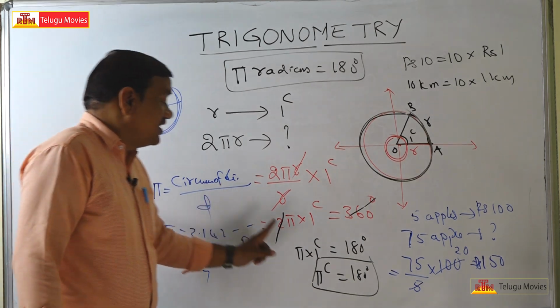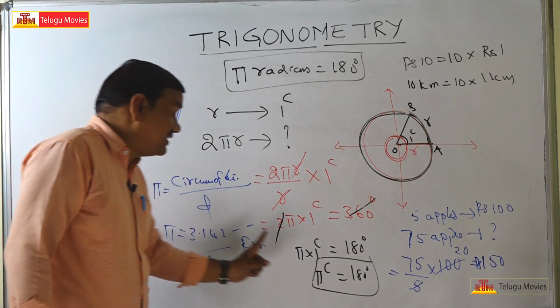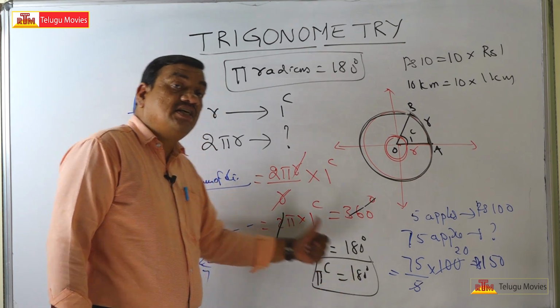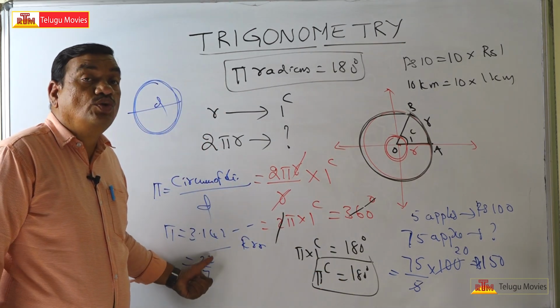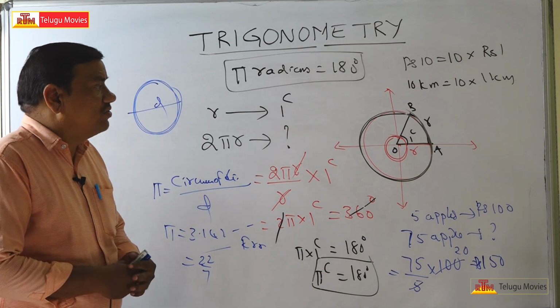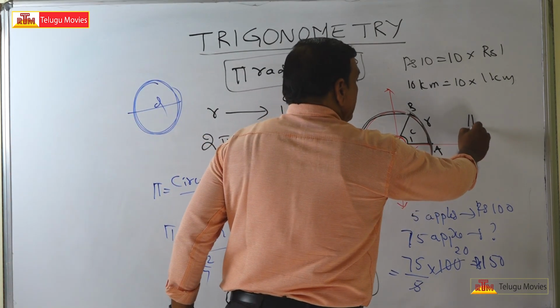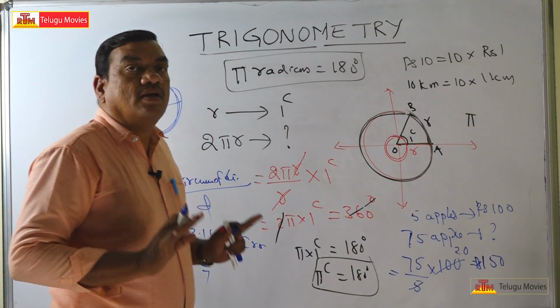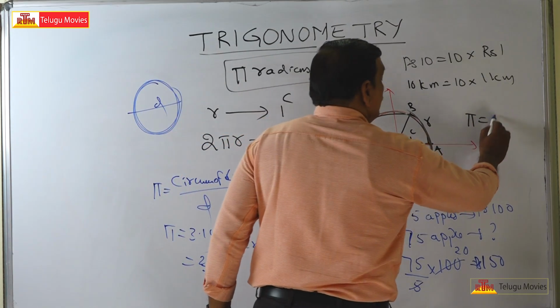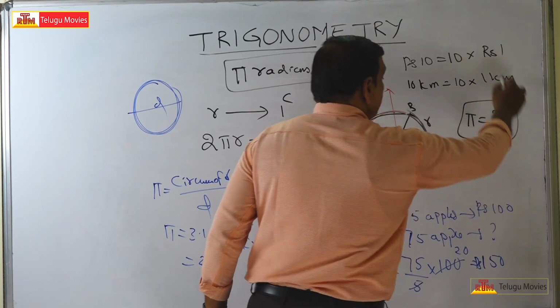Understand this pi and this pi. Pi radians is 180 degrees. Here pi means 22 by 7. So from here onwards, if anybody writes simply pi, then it is equal to 22 by 7.